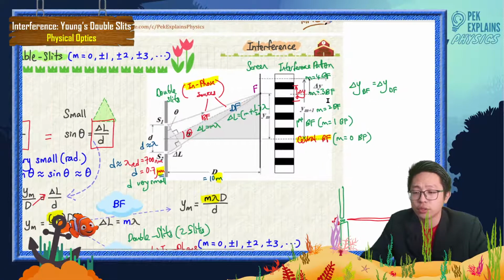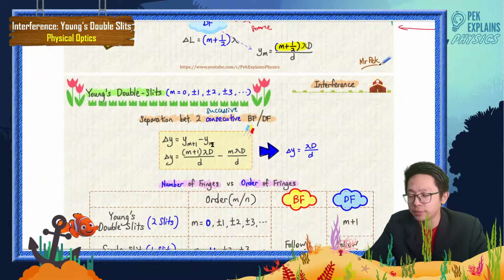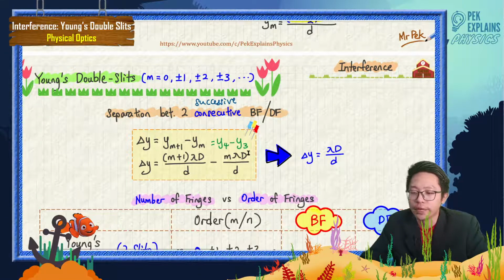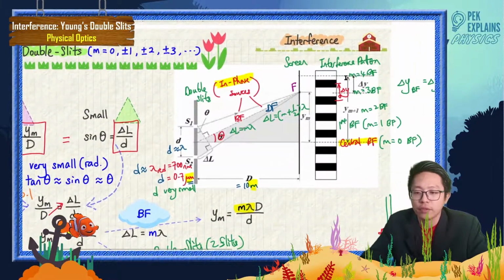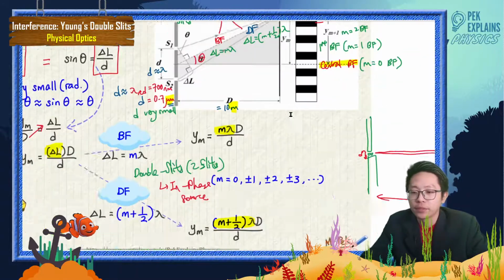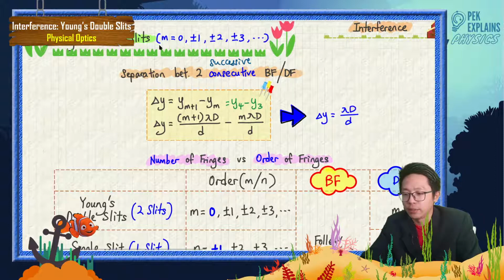So let's take delta Y between the fourth order bright fringe and the third order bright fringe. Here we substitute y(m+1) minus y(m), which is y4 minus y3, the fourth order and the third order. What's the formula for this?